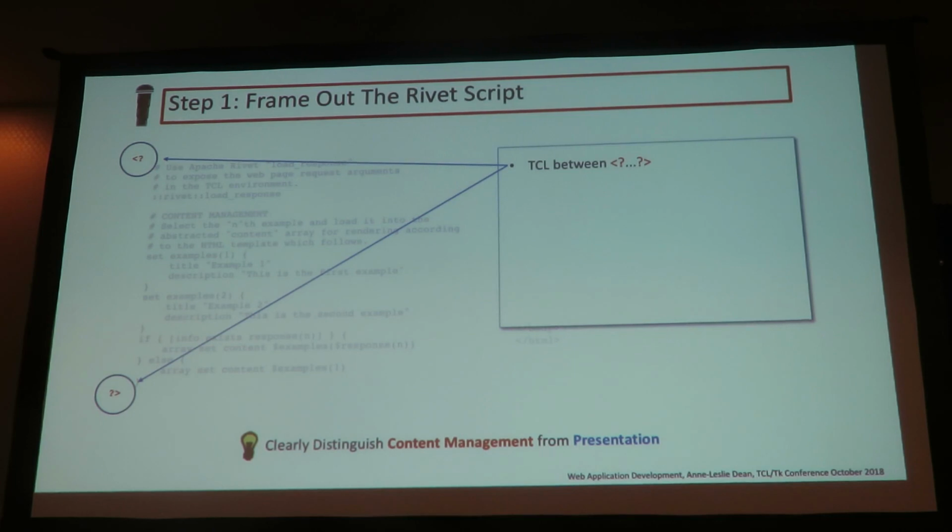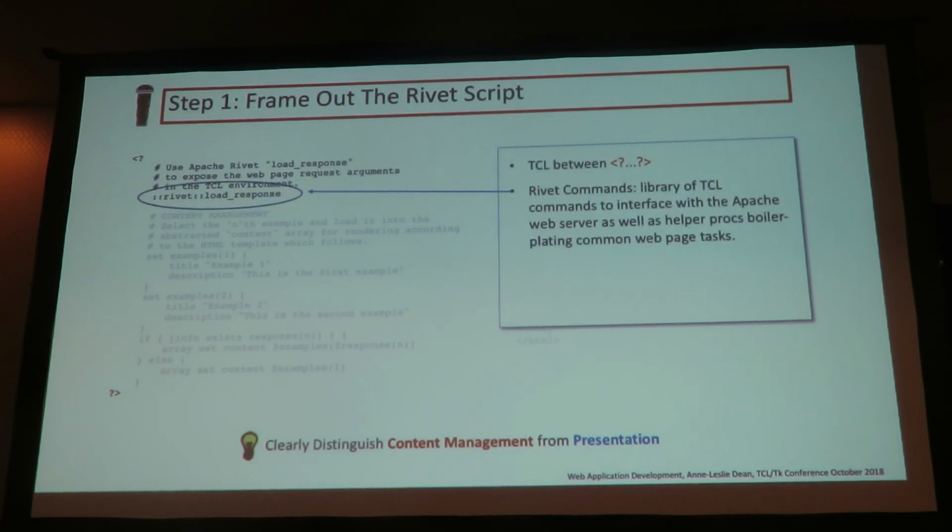If you've never used Rivet before, it's kind of real similar to PHP. It allows you to basically do HTML templating. You can put Tcl between these two little indicators. Rivet commands supply a library of Tcl commands that interface with Apache, as well as helper procs that boilerplate common web page tasks.